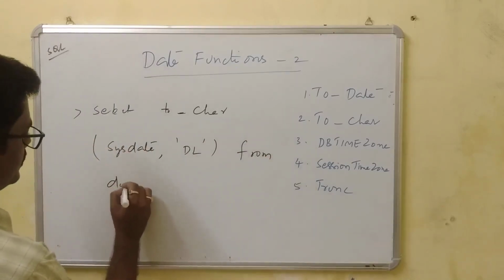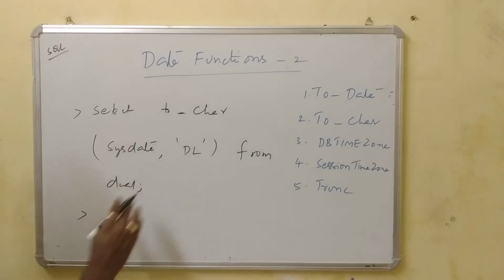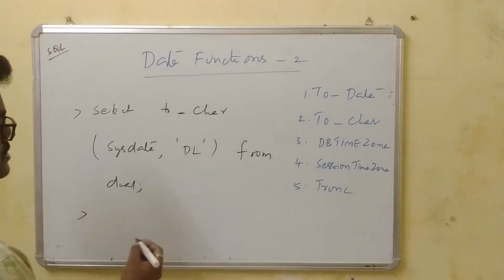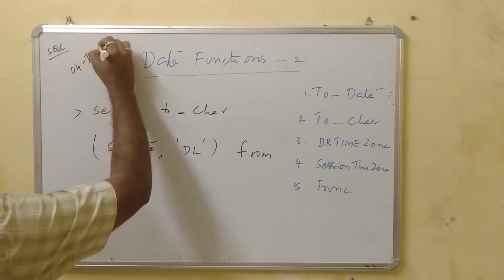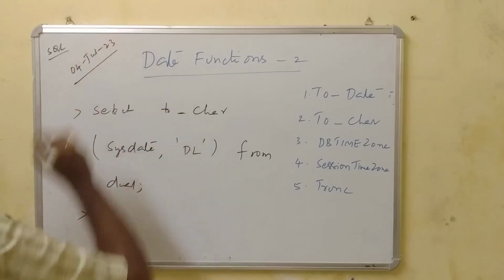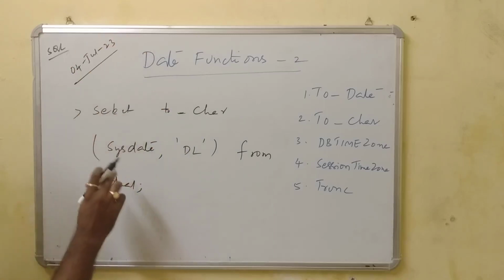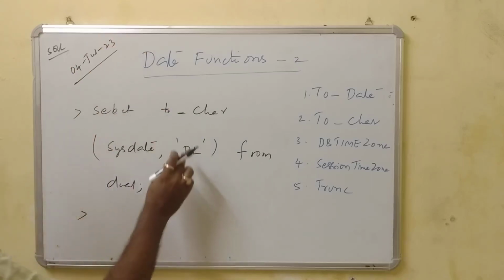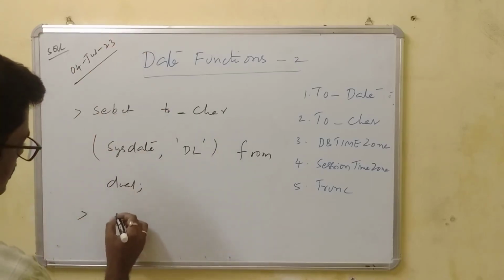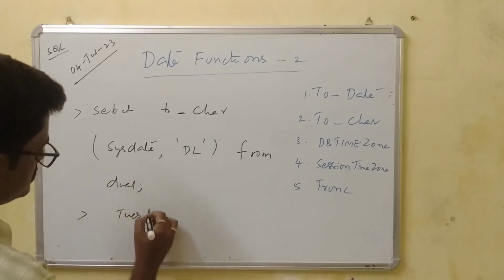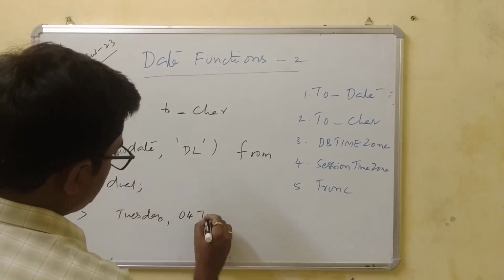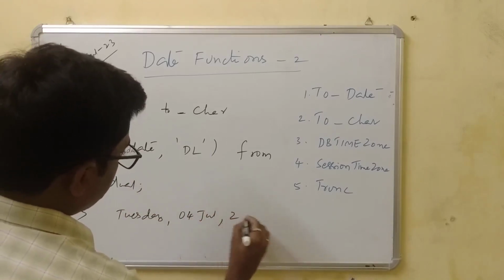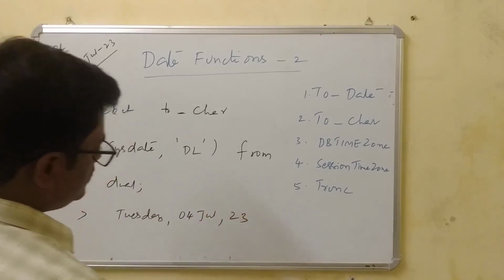So now it is going to print that. For example, today's date is actually 4 July 23, right? So this is the actual system date that will be converted in terms of characters like Tuesday, comma, 4 July, comma, 23, right?